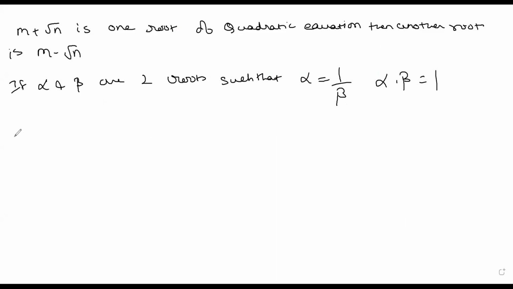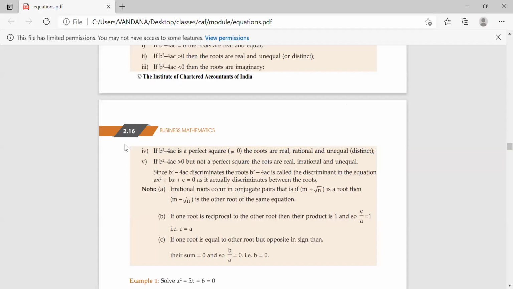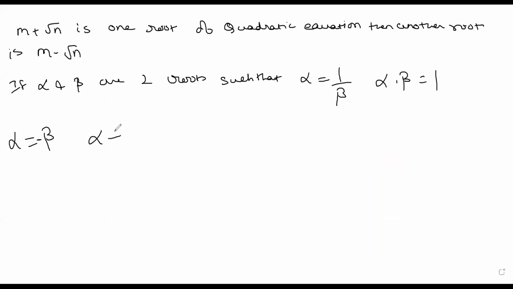And if alpha equals minus beta, then alpha plus beta equals 0. These are very important properties. We need to use them when we are solving the sums.